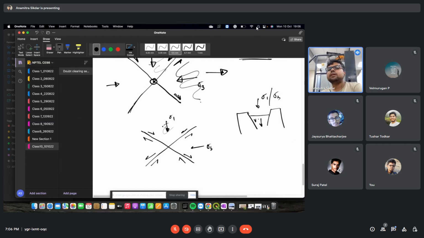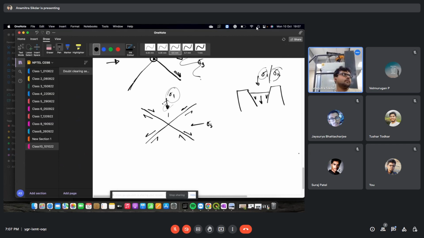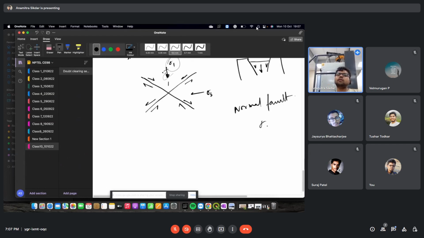The net displacement is downward. Please reply. Sigma 1, sir. Sigma 1, right? So for normal fault, sigma 1 is vertical, right? Sigma 1 is vertical.